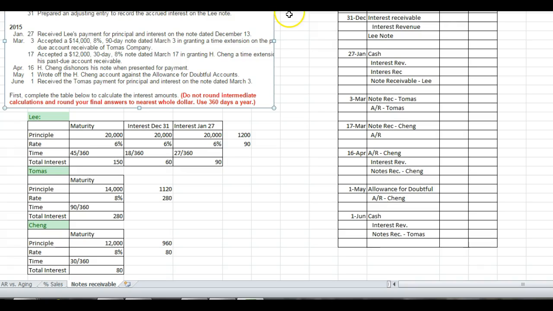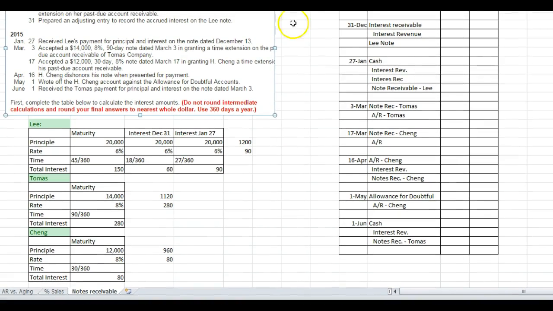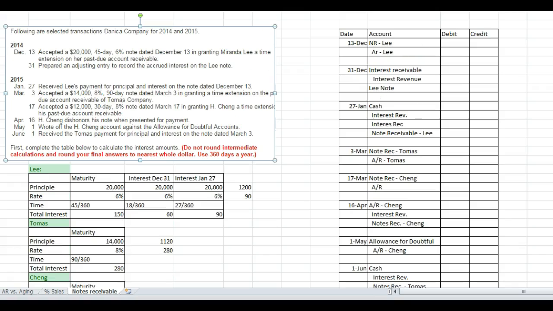And all I have to do is get this to move up just a hair. Okay. So now what are we up to? We've got all of our numbers. First of all, we accepted this $20,000 note in replacing the accounts receivable. So we have to create the note, and we have to take it out of accounts receivable. That was easy.